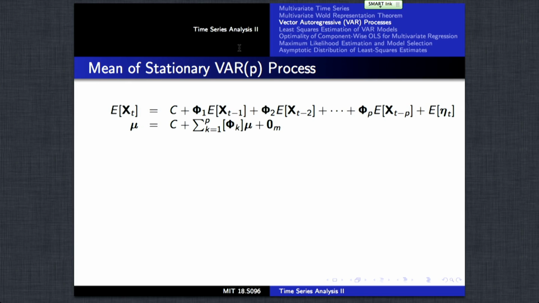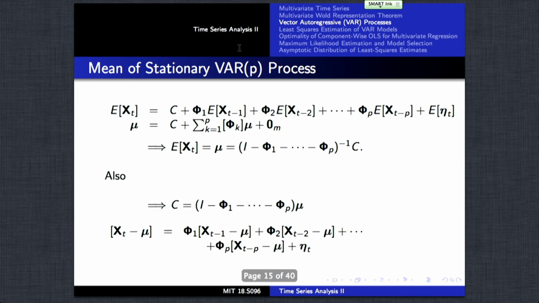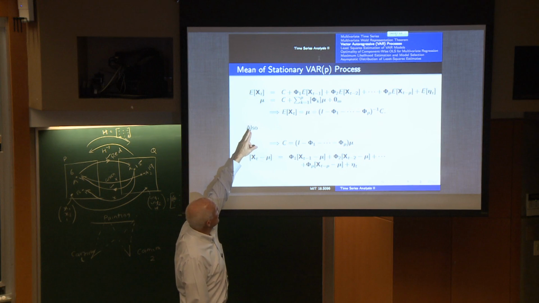So mu, the unconditional mean of the process, actually has this formula, just solving for mu from the second line to the third line.